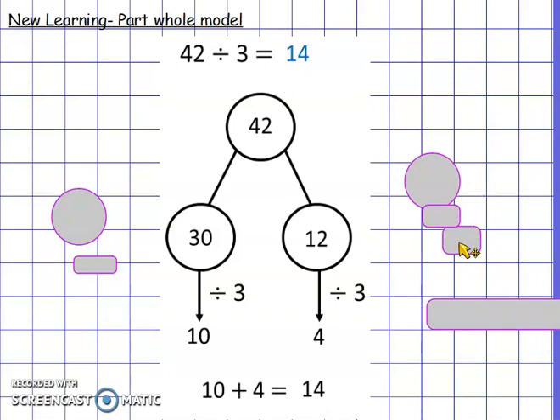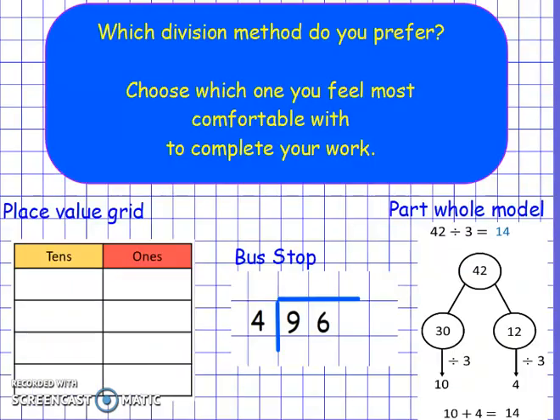So I've shown you a third method to divide using the part-whole model. What do you think about that? So we're almost ready to start our independent learning. But first you need to choose which method you're going to work with. If you stick to one, that'll really help you to perfect your skills. Which do you feel most comfortable with? The place value grid, where you're just drawing your counters out to divide them.